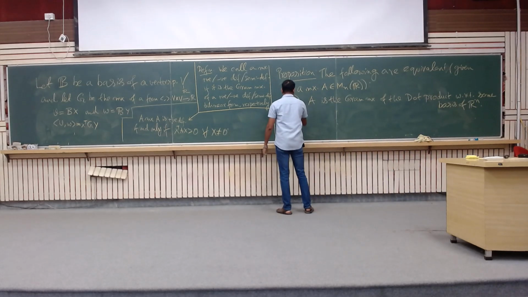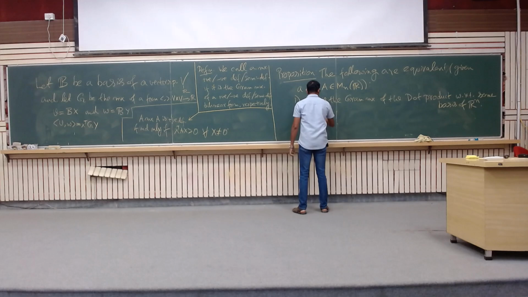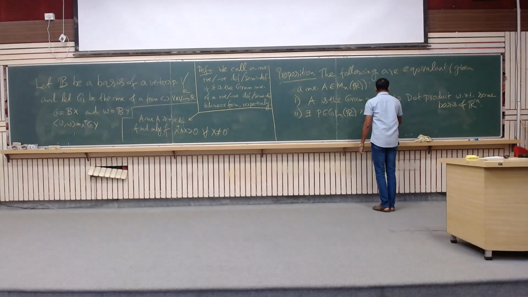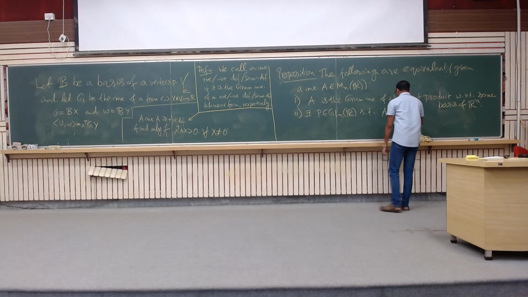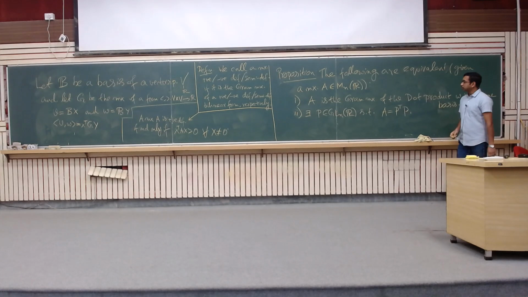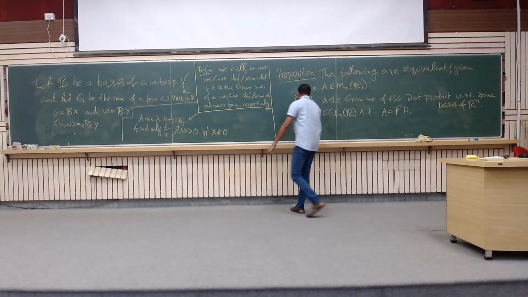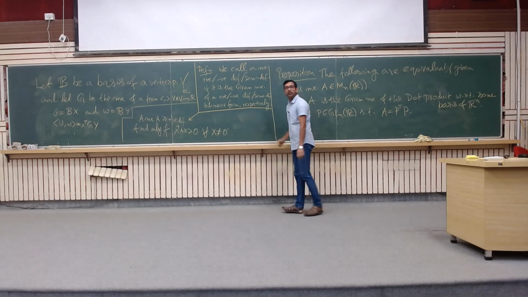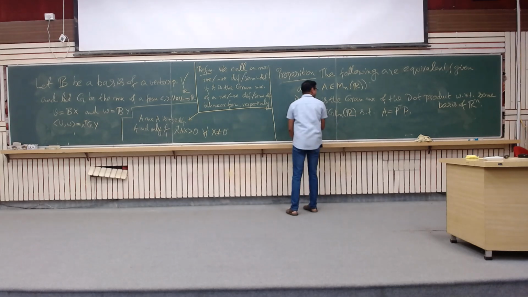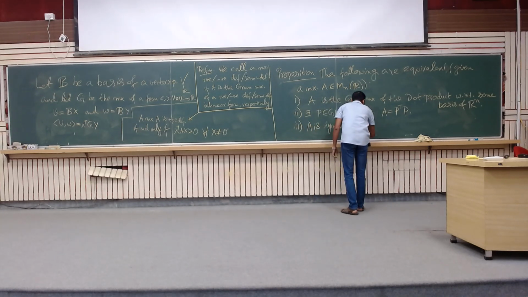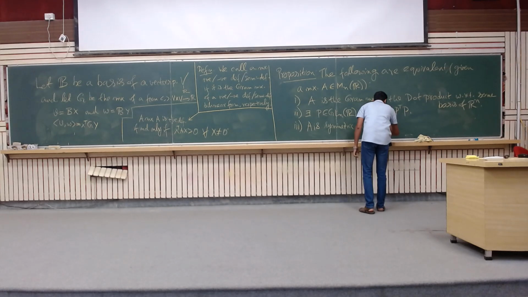The second is that there exists P in GL_n(R) such that A is equal to P transpose P. So there exists some invertible matrix such that A is equal to P transpose P. And the third, which is the exercise, is that A is symmetric and positive definite.